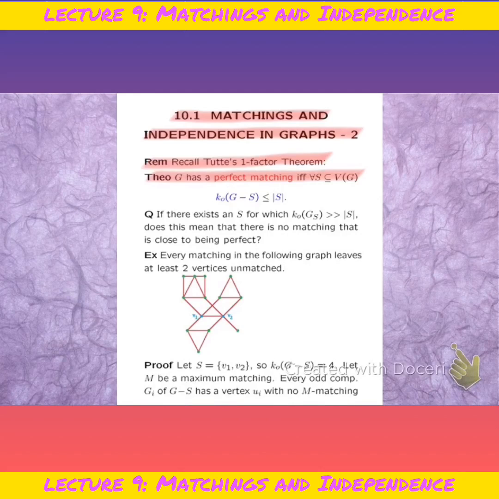So in other words, obviously, if a graph is of odd order, you're never going to find a perfect matching, because there's always going to be one vertex that's unmatched.